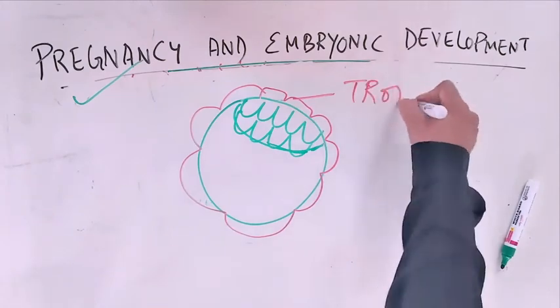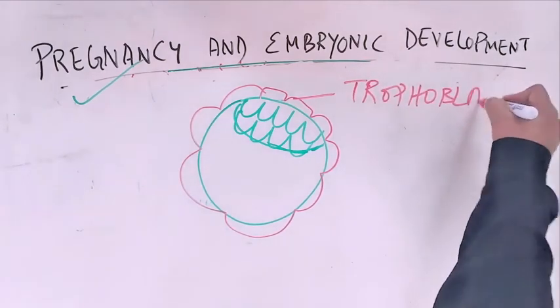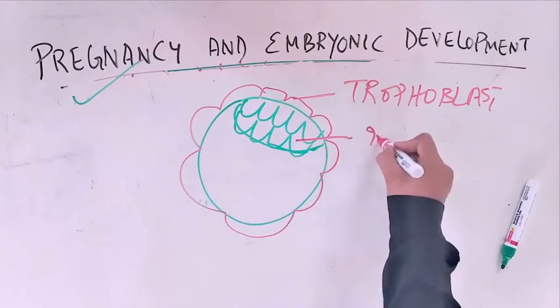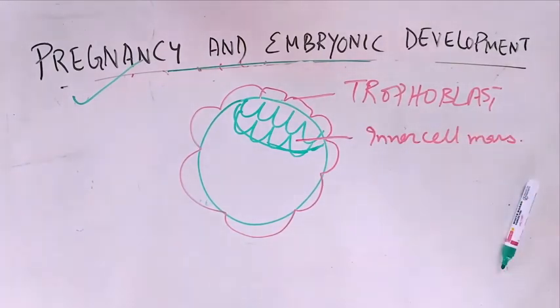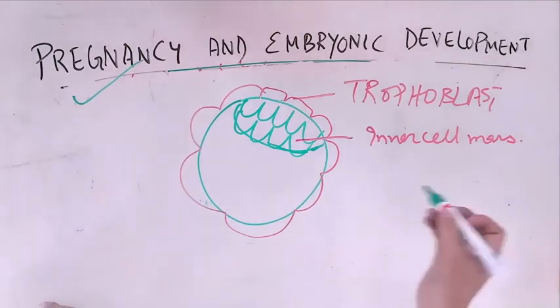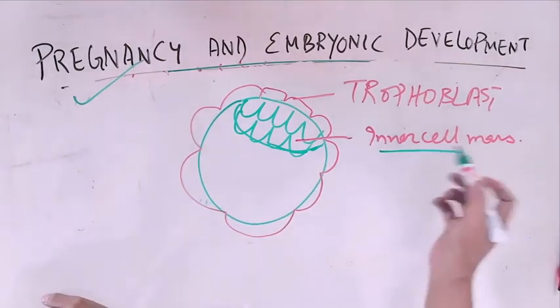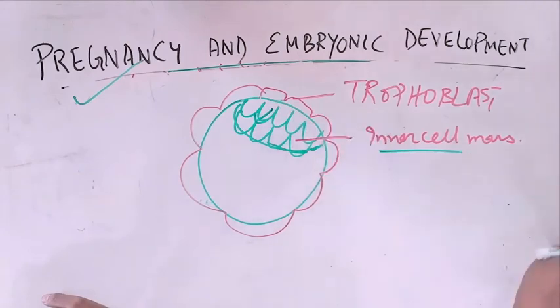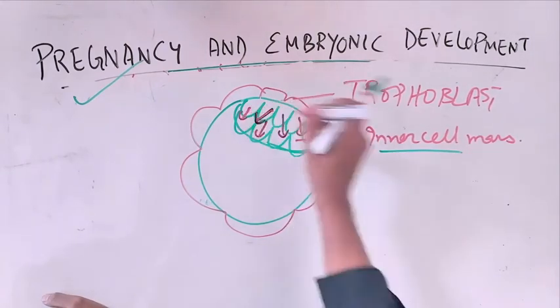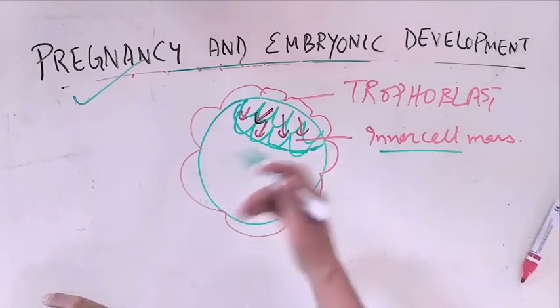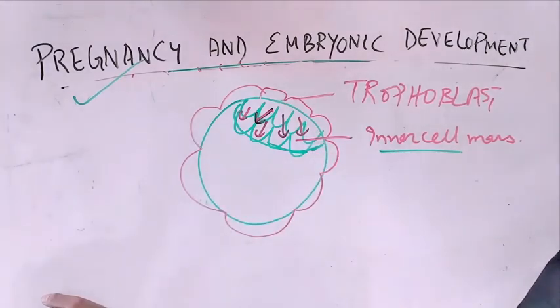Trophoblast, and the inner cell mass. The inner cell mass is what forms the embryo. What happens is that it will start dividing slowly, and then they form layers.